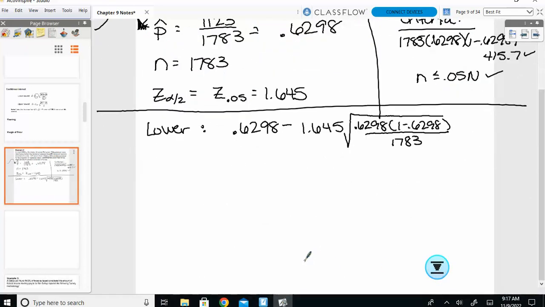Remember on your formula sheet it does have them both together. The only difference with the upper one is what? The add.